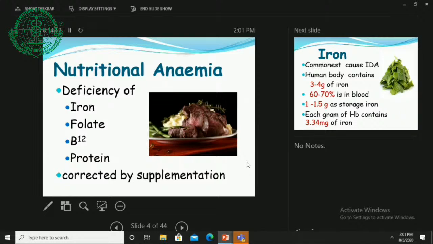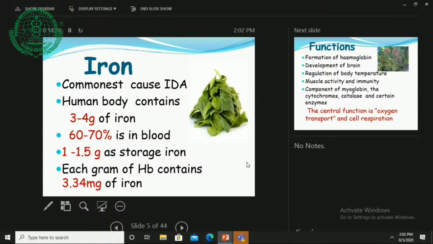So protein also indirectly is responsible for causation of nutritional anemia. All these deficiencies can be corrected by supplementation of these nutrients. Out of these causes, the commonest cause of anemia is iron deficiency.